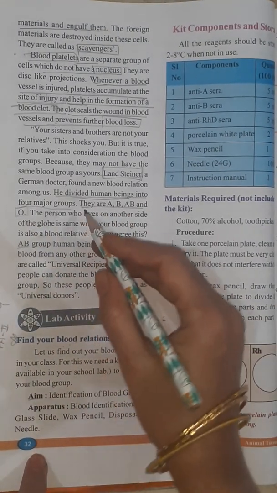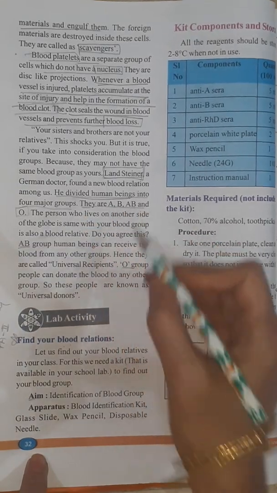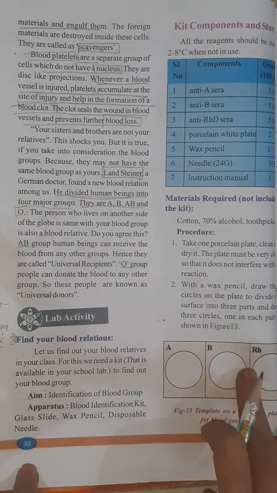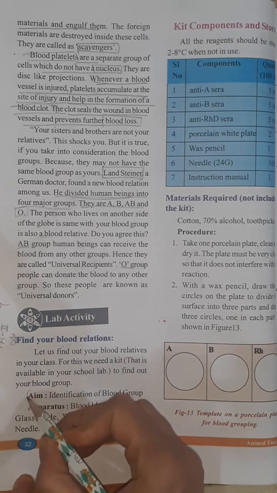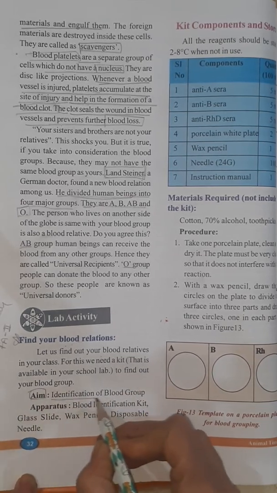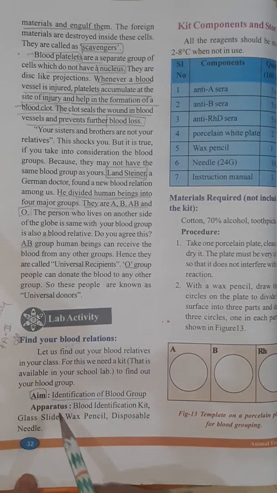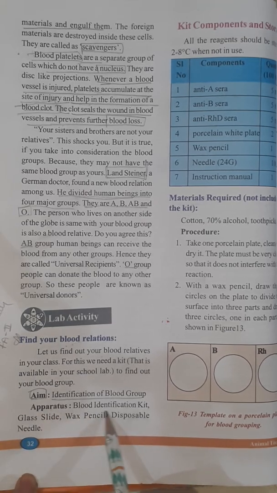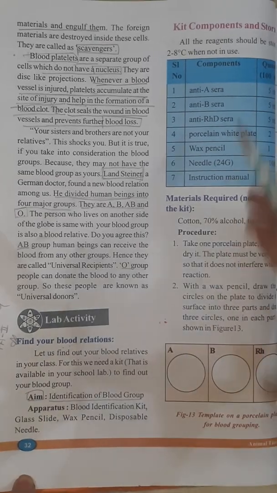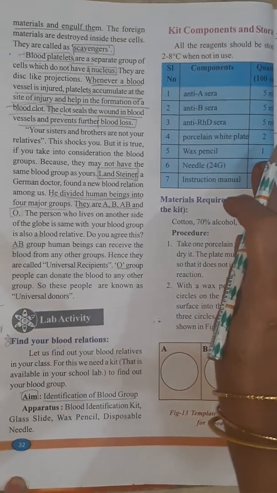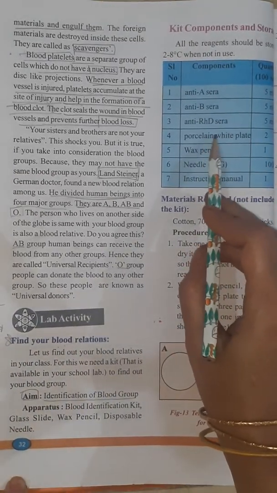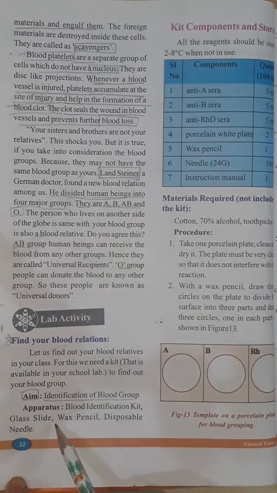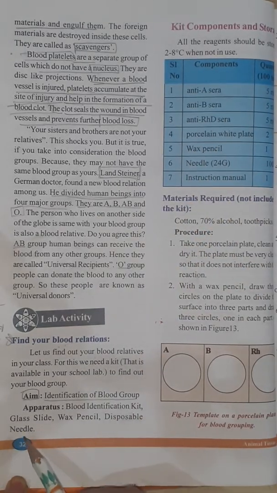Now, to identify these blood groups, we'll do an activity. Our aim is identification of blood groups. The apparatus you need is a blood identification kit. This kit consists of all these: a glass slide, wax pencil, disposable needle.